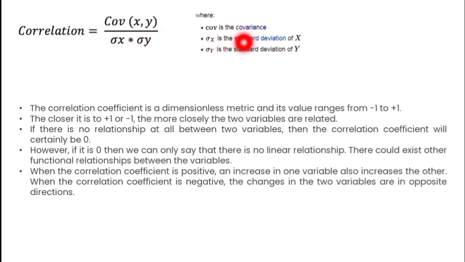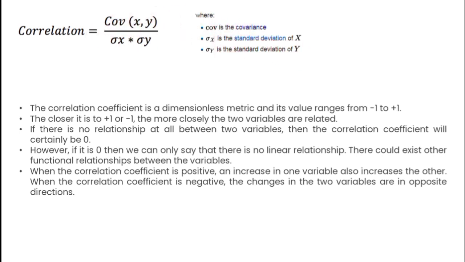So what does this mean? Sigma x is the standard deviation of x, sigma y is the standard deviation of y, and this is the variance.